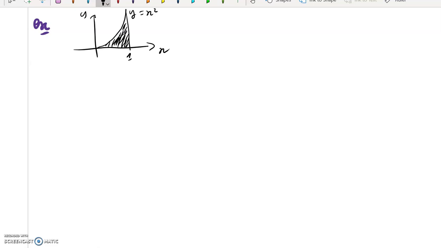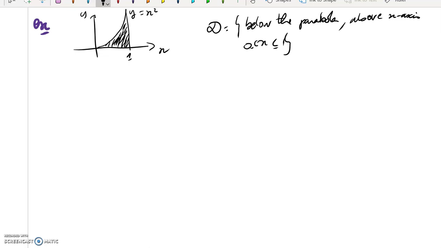That's going to be one of the most important things. Usually in exercises, I will describe some domains by saying it's below the parabola and above the x-axis. Well, I may tell you this kind of thing, but maybe I would be more precise: and x is between 0 and 1. That's my domain of integration, and I want to integrate the constant function one on this domain.